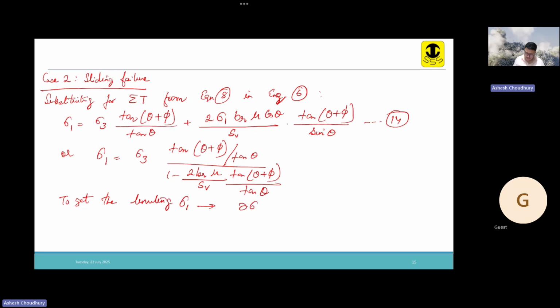one, two, 0. Again you will get theta s.